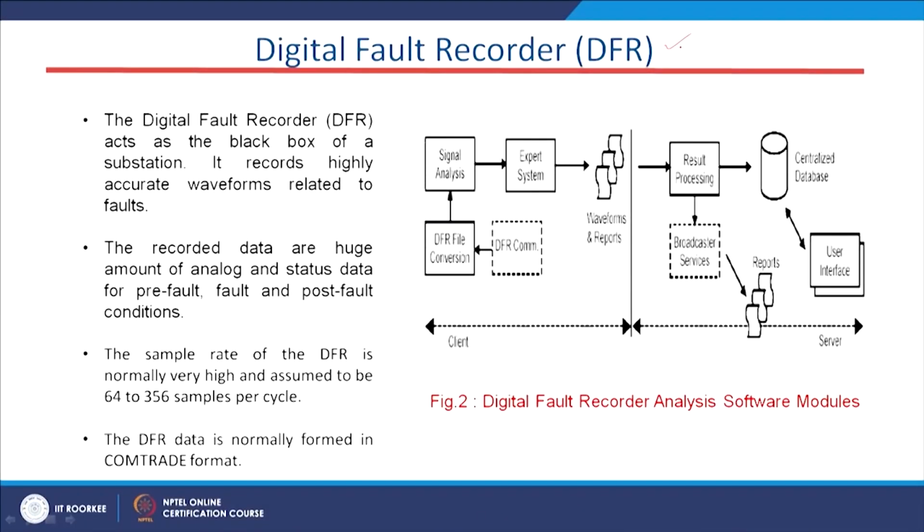It is known as DFR. This is a basic block diagram for it. We acquire the signal, and we have an expert system, and from the expert system we can store the data or process the data for further actions. This digital fault recorder acts as a black box of a substation, and it records highly accurate waveforms related to the faults.